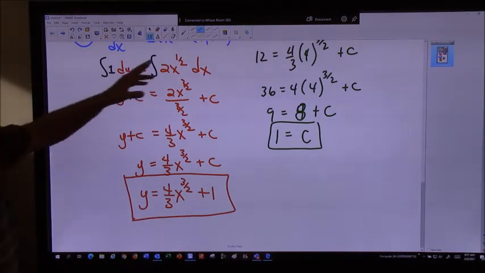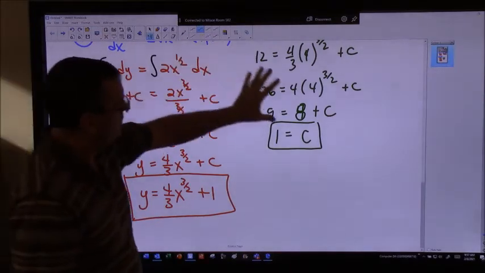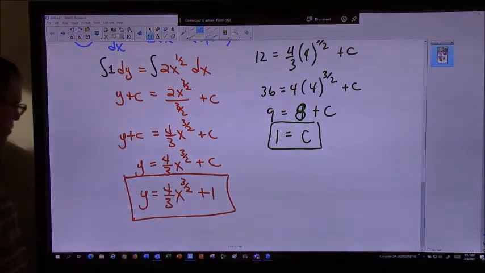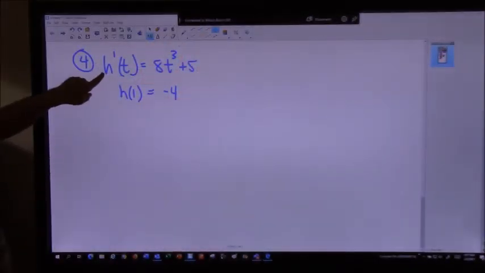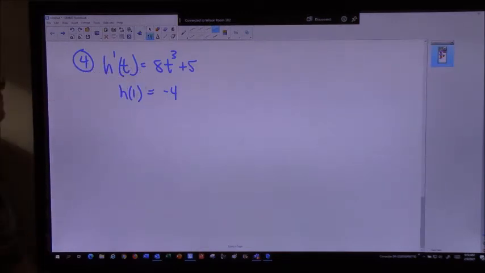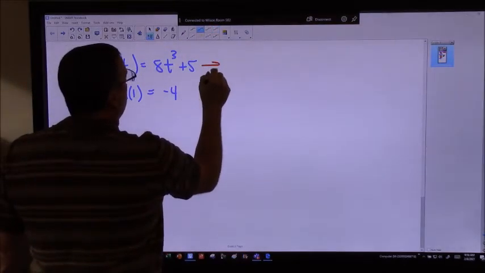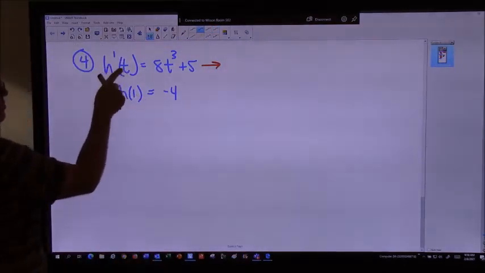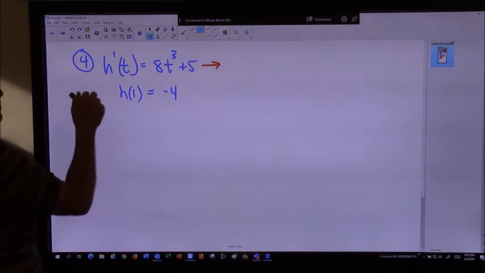All right, so anytime they give us a solution point, it's there to help us figure out what that c value is. Let me give you guys one to try. So when we see this right here, h prime of t equals 8t cubed plus 5, h prime of t is really the same thing as dh over dt.